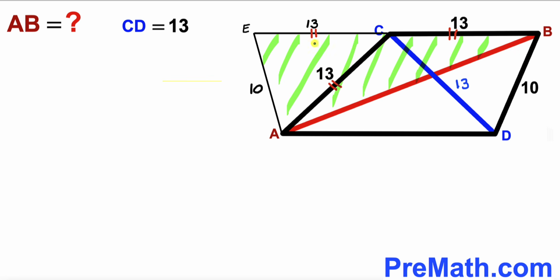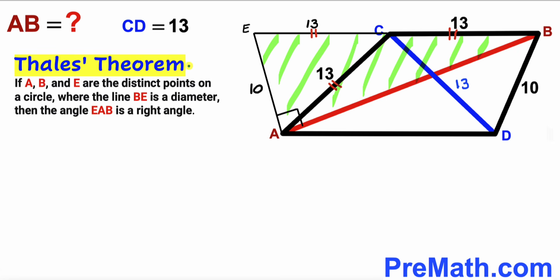So therefore we are going to focus on this triangle EAB. And now let's recall the Thales theorem. According to this theorem, if A, B, and E are 3 distinct points on the very same circle, and the line EB is the diameter, then the angle EAB is going to be a right angle. In other words, this angle has got to be a 90 degrees angle.